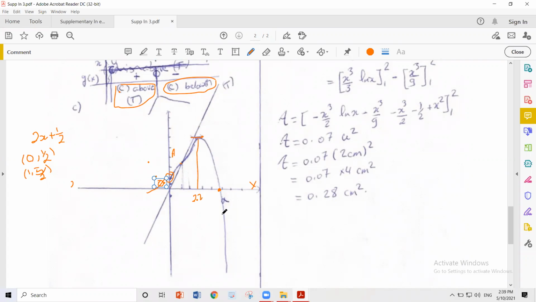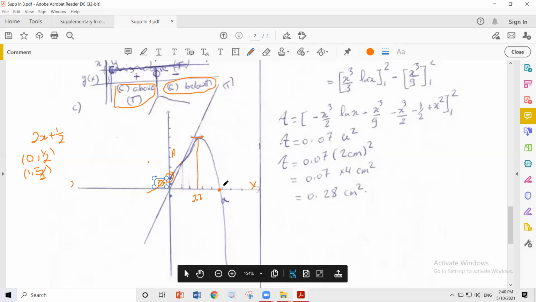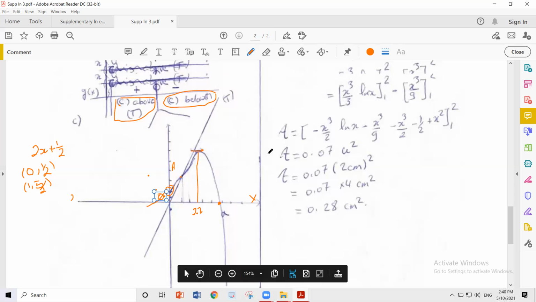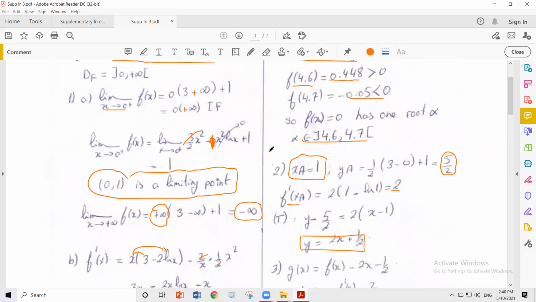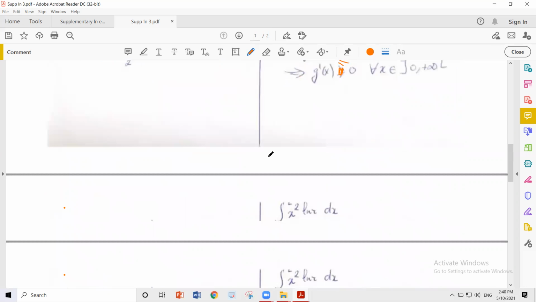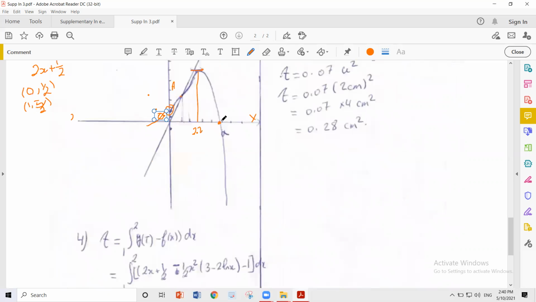Then it decreases to minus infinity. This is alpha. Alpha is between 4.6 and 4.7.